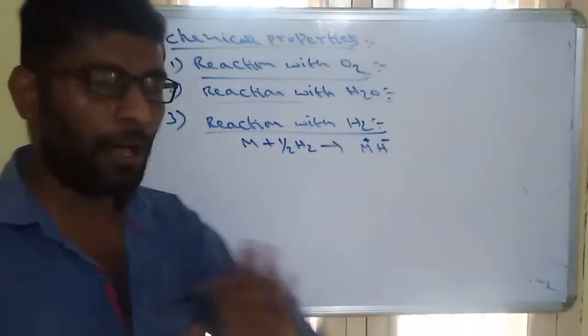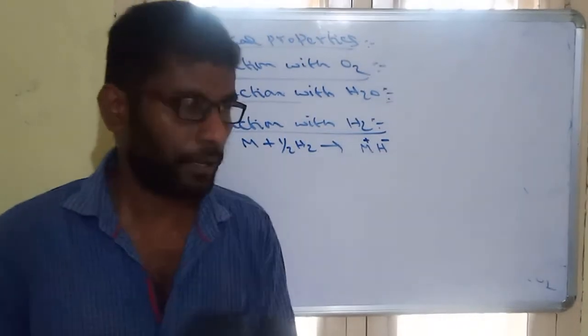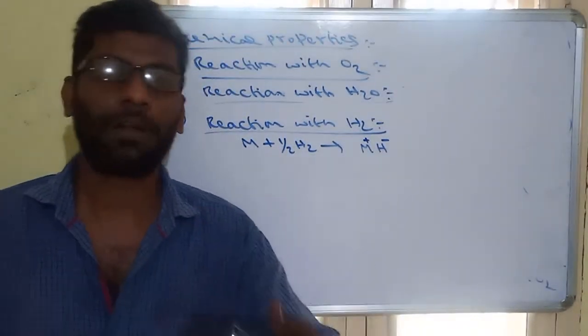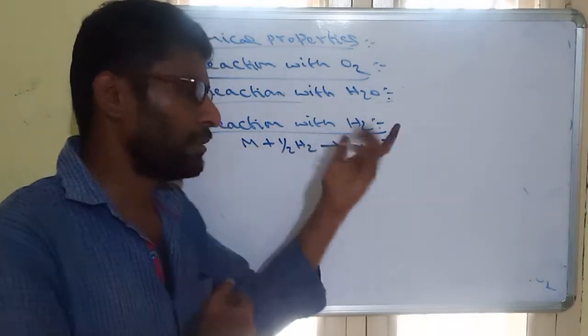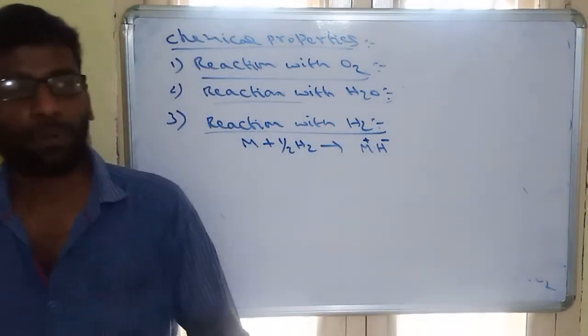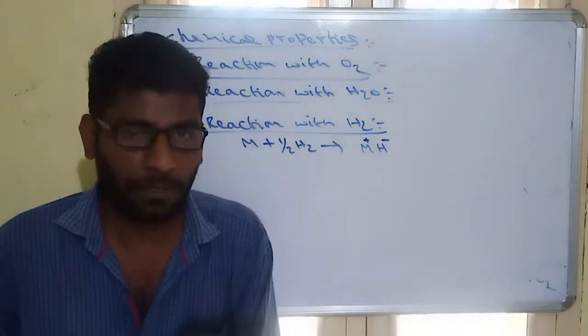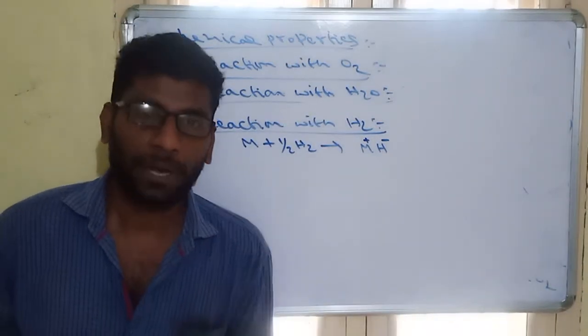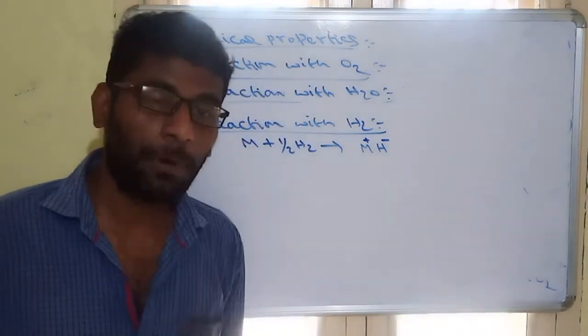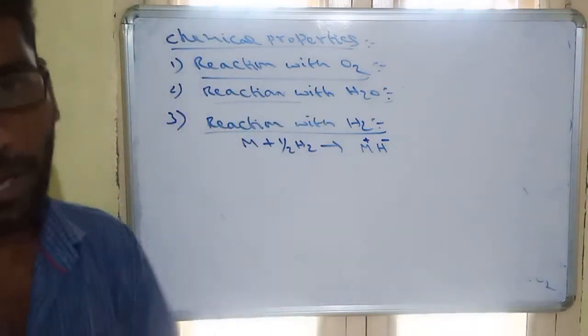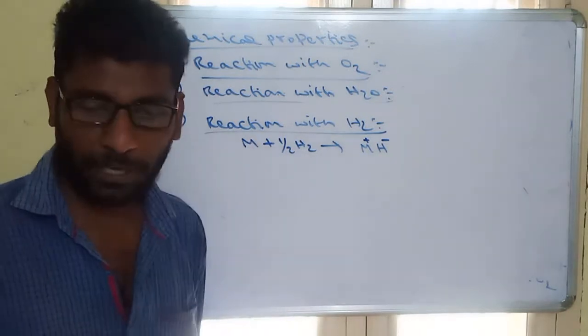Hydrogen can combine with all the elements of the periodic table: S block, P block, D block also. If hydrogen combines with an S block element, those are called ionic hydrides. With a P block element, those are called covalent hydrides. Similarly, when hydrogen combines with D block elements, those are called interstitial hydrides. So all these are the different types of hydrides.